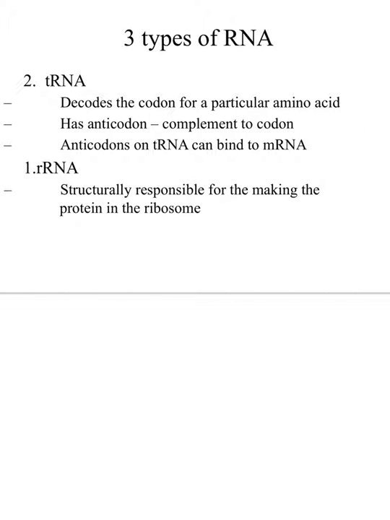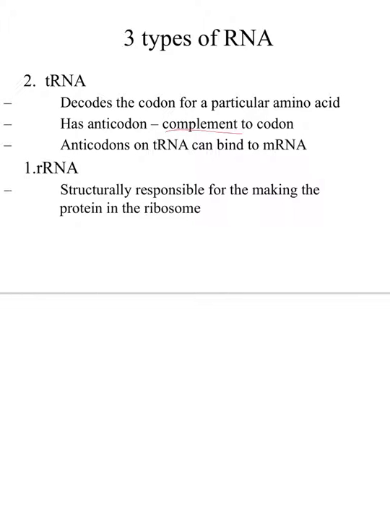The second type of RNA is tRNA. T stands for transfer. And basically it's going to take the codon and decode it, and specifically get that code for a particular amino acid. It contains an anticodon, which is the opposite or the complement to the codon.